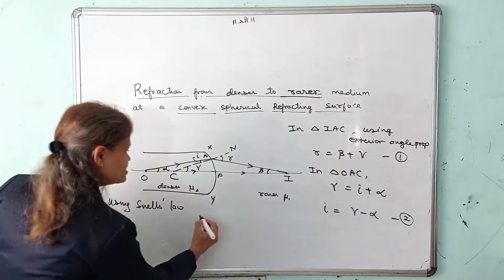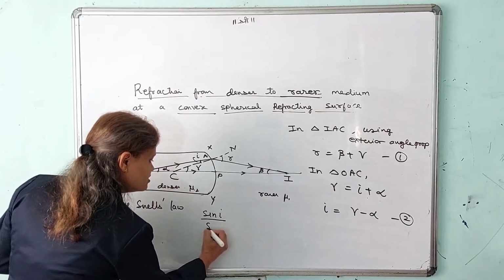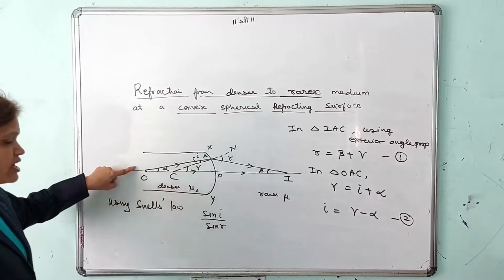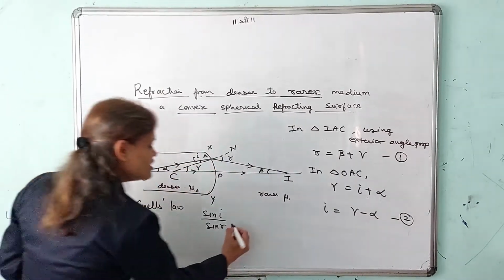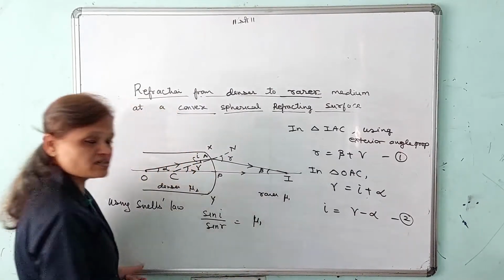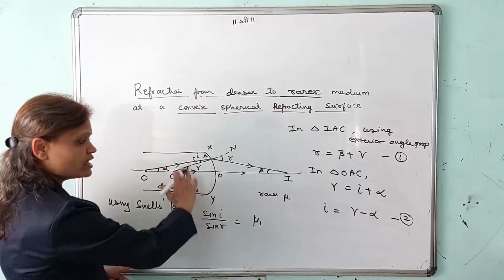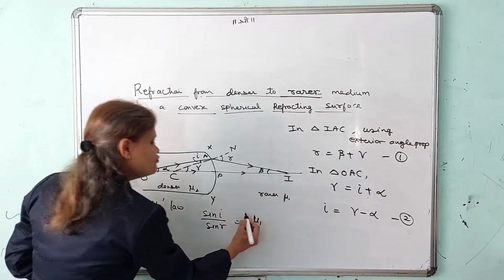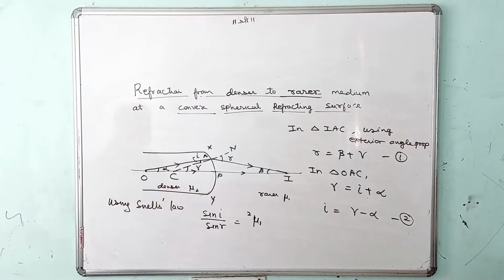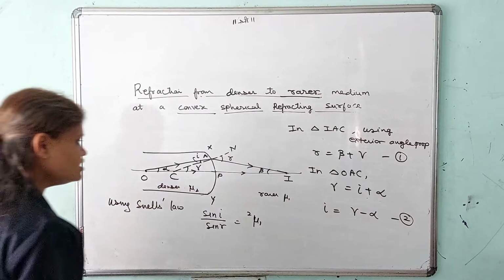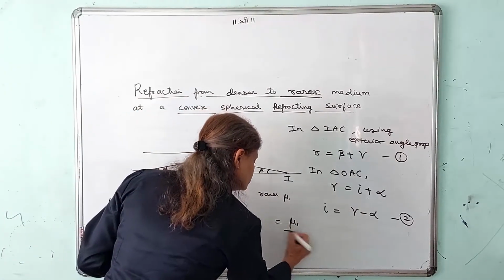So here, sin i by sin r, now the ray is coming from medium 2 to 1, so it will be mu 1, the refractive index of 1 because it is entering into medium 1, with respect to 2. So it is mu 1 with respect to 2, which is equal to mu 1 by mu 2.